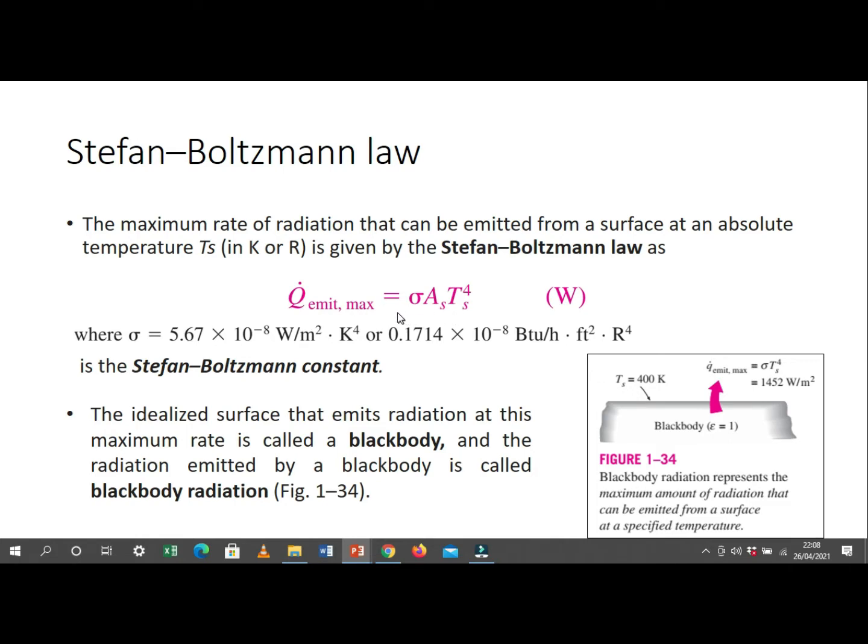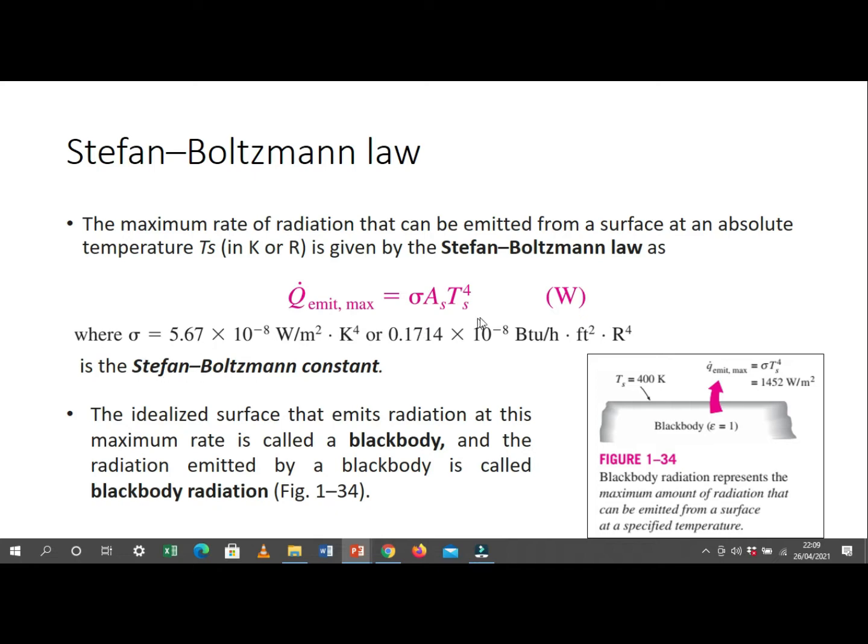When we replace the proportionality constant with this constant, known as sigma, the Stefan-Boltzmann constant, it has a specific value, 5.67 multiplied by 10 raised to the minus 8 watt per meter square per Kelvin to the power 4.